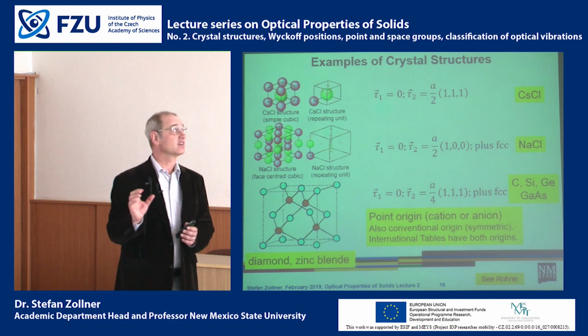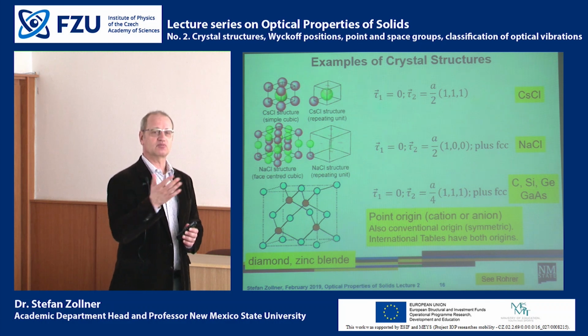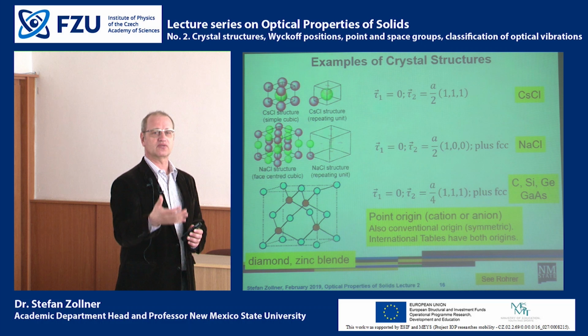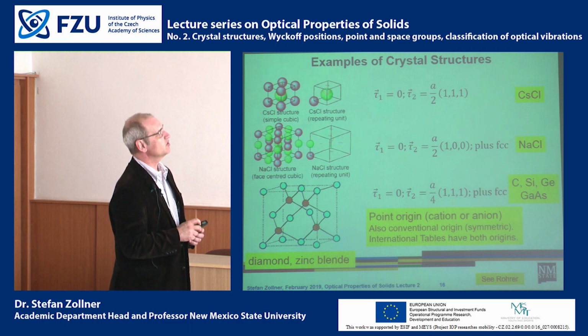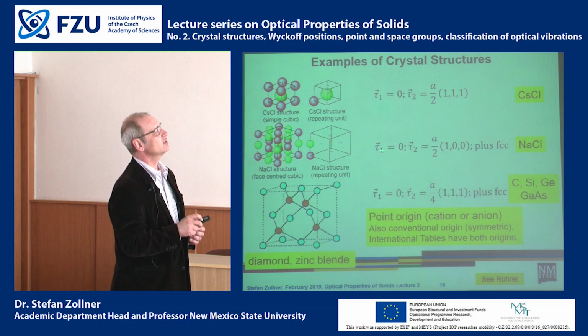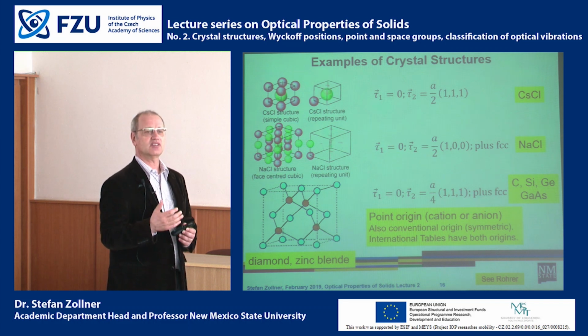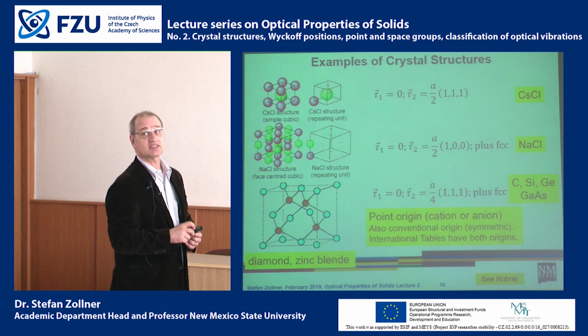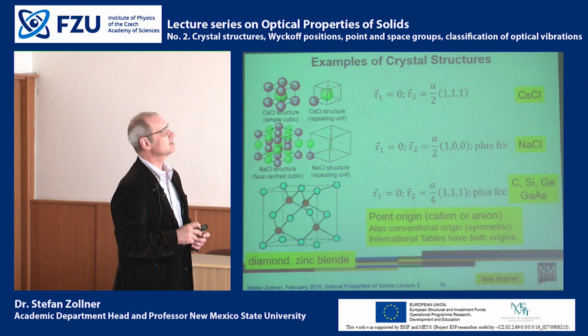Remember, for an FCC lattice, we have the primitive cell or the conventional cell. If we choose the primitive cell, then indeed I have only two atoms in the primitive unit cell, but that's not typically how I will write this.